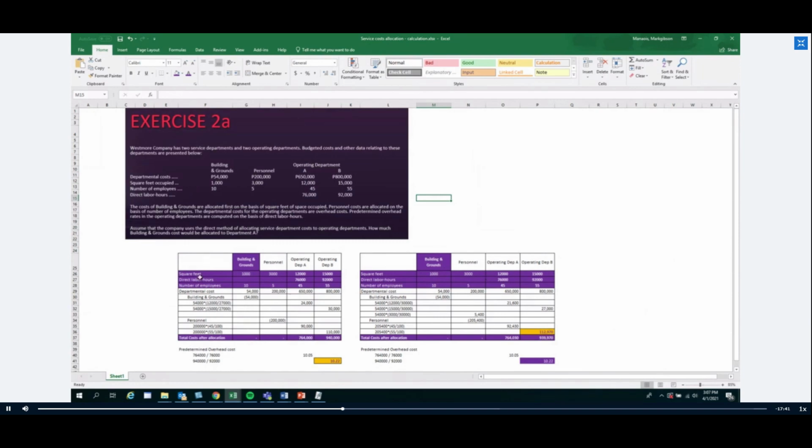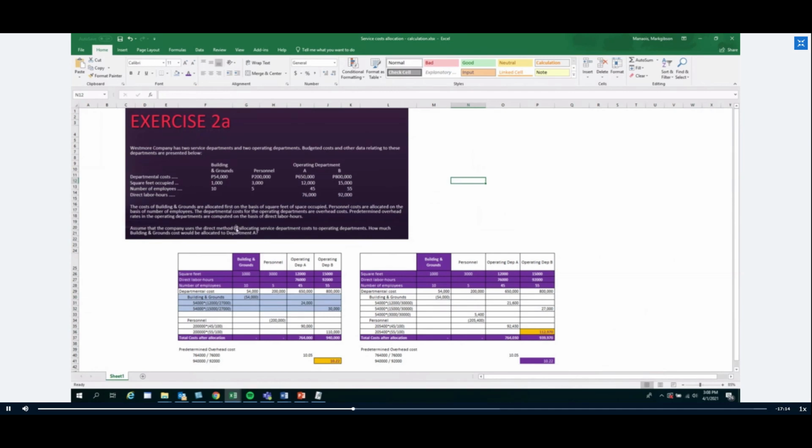So, isa-isahin lang natin. Ito, binilagay ko lang yung given, no? Square feet, 1,000, 3,000, 12,000. Pero ang sinasabi lang naman dito, ang tanong is, assume that the company uses direct method of allocating service department. How much building and grounds cost would be allocated to Department A? So, dito tayo kay building and grounds, no? Sabi natin, highlight ko lang siya.